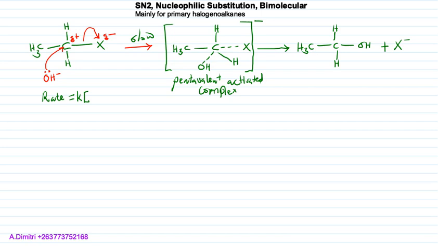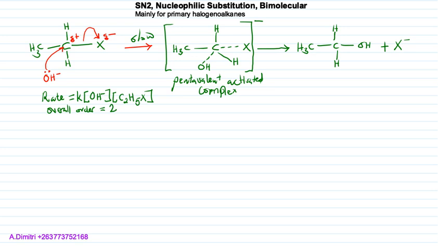So we have hydroxide multiplied by the concentration of halogenoalkane. So overall order is equal to, we've got one hydroxide and one halogenoalkane, so the overall order is equal to 2.